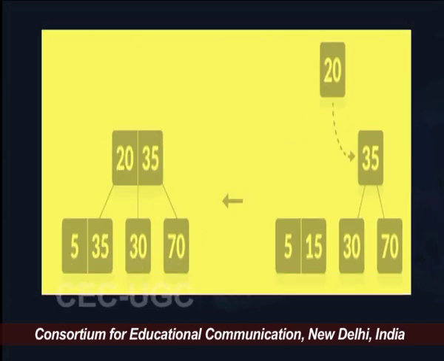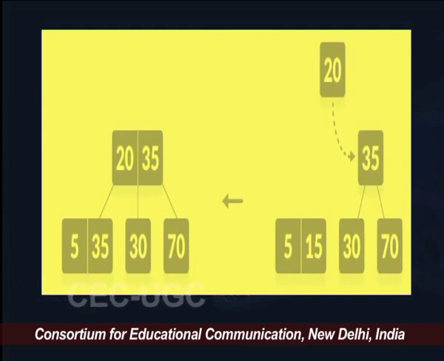As you can see on the screen in the right side of the figure, the 5 and 15 nodes are actually merged. Now, 5 and 15 are merged, but it is not going to solve the problem. Why? Because we do not have anything in the parent node of 5 and 15.